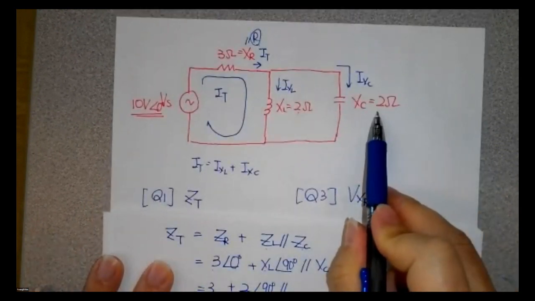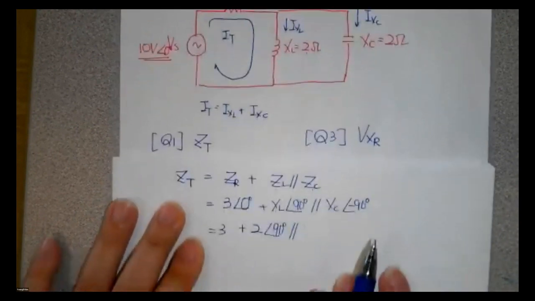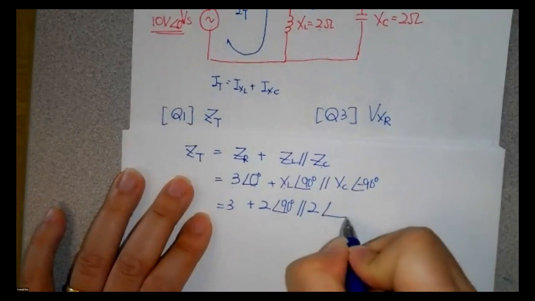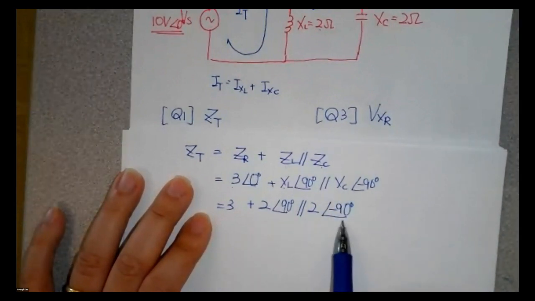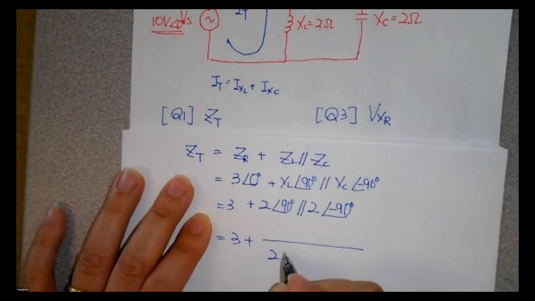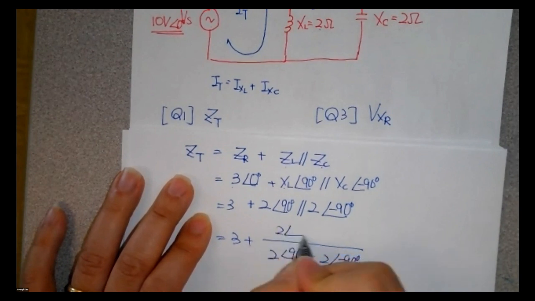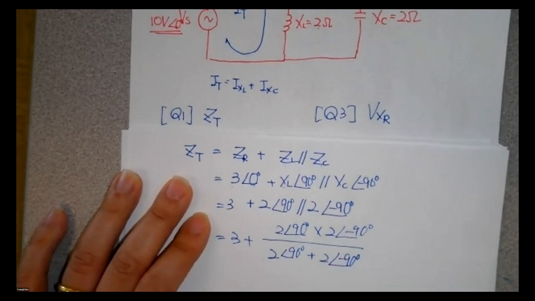And also X of C is equal to the 2 ohm here, to minus 90 degree here. So 3 plus 2, 90 plus 2 minus 90, 2, 90 multiply 2 minus 90 degree here.